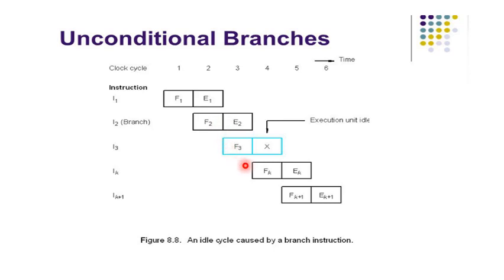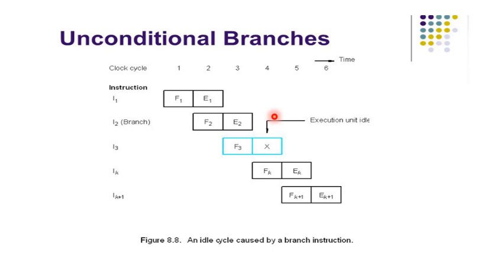In clock cycle 3, the fetch operation for instruction I3 is in progress at the same time that the branch instruction is being decoded and the target address is being computed. In clock cycle 4, the processor must discard I3, which has been incorrectly fetched, and fetch the instruction IK.